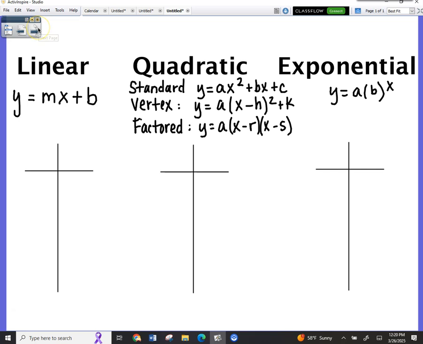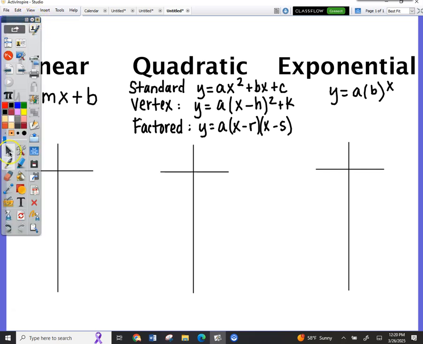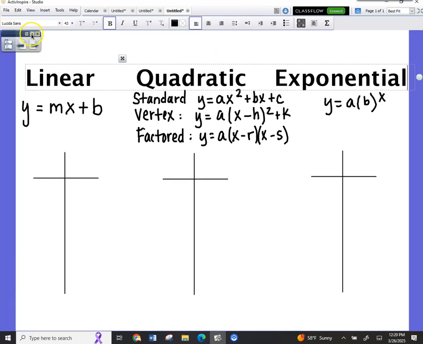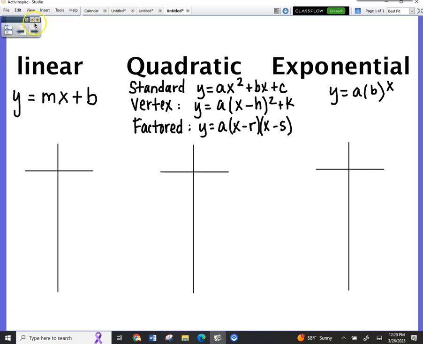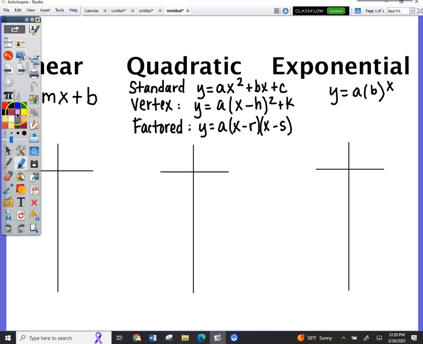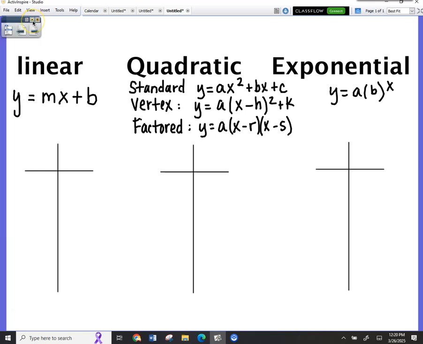First of all, I'm going to change the word linear so that the first letter is not a capital L. I'm going to make it a lowercase l. Why do you think I made it a lowercase l? What's a way to remember that linear forms what shape?